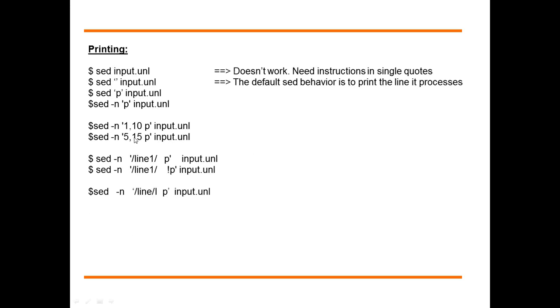If you want to display lines 1 to 10 and 5 to 15, there is another way, of course using head and tail. This is equivalent to grep functionality. In an input.unl file, go to the first line and search for a word called line 1. If it finds it, print it on the screen. This is like grep functionality.